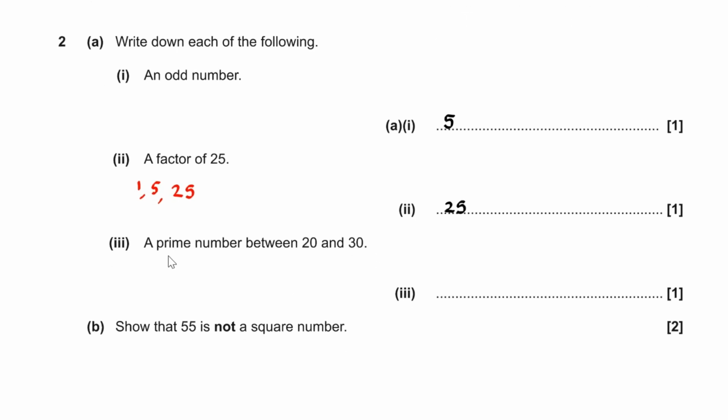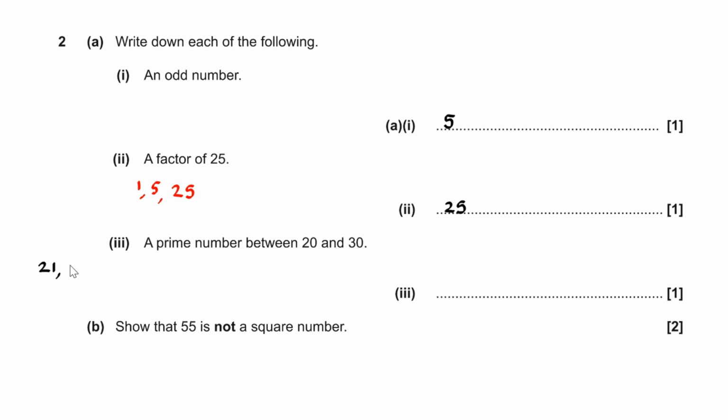And the next one, we want a prime number between 20 and 30. Well, if you remember the definition of a prime number, that's a number that can be divided by 1 and itself only. So if we think about the prime numbers between 20 and 30, let's begin by writing the numbers between 20 and 30.